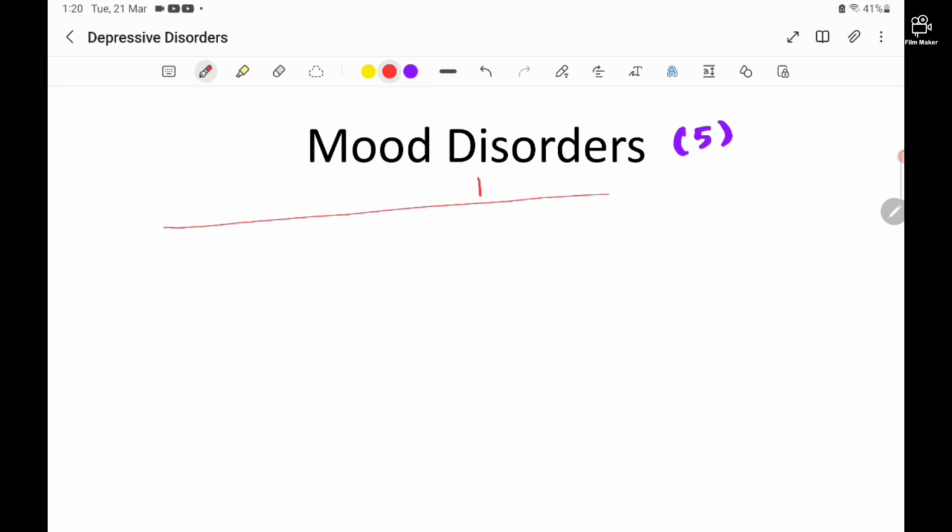The 5 mood disorders are, firstly, major depressive disorder; here the patient gets only depressive episodes.